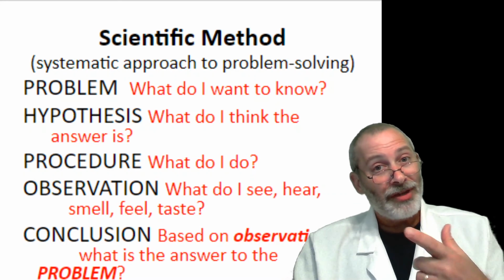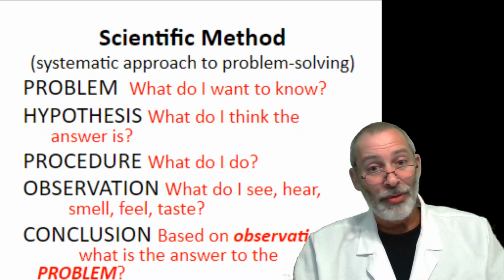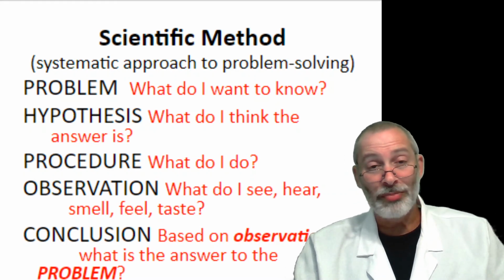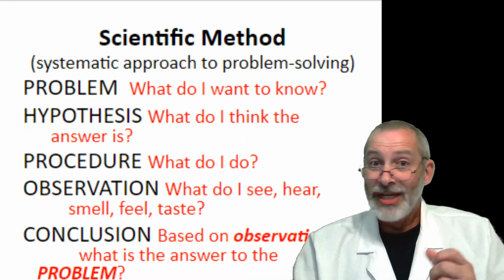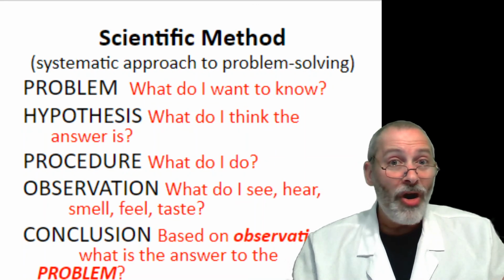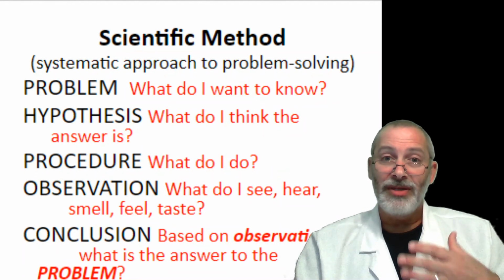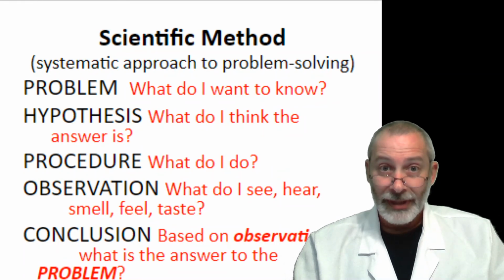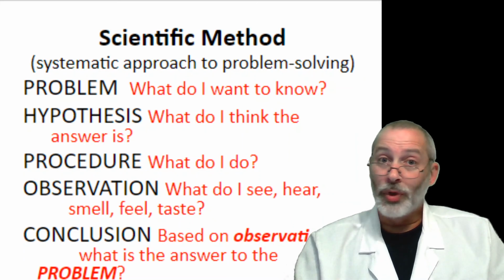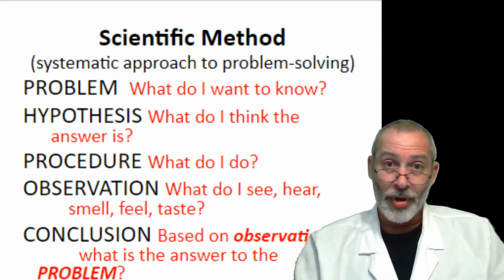So you'd have to come up with another hypothesis and perform another experiment using procedures and observations to see if it was some other cause for the flat tire. The scientific method is repeatable until you get to a conclusion to your problem.